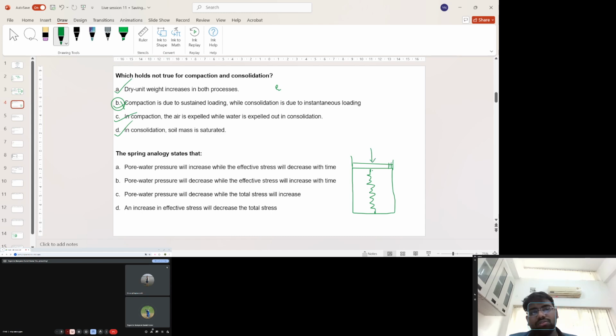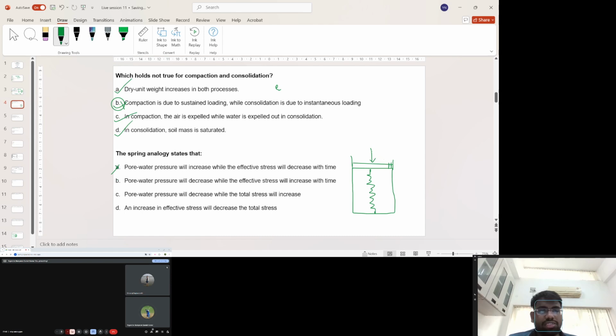Now the load is applied and the valve will be opened. Based on the stiffness of this spring, which is the property of the soil, the pore water will start to dissipate. Obviously, as you mentioned, pore water pressure will decrease. So option A is not right, and the other three options are open.